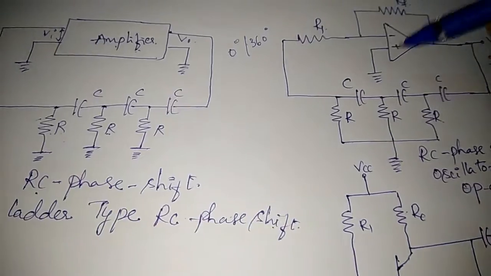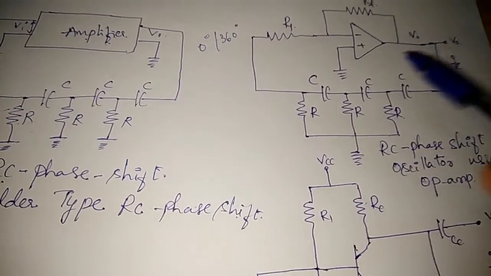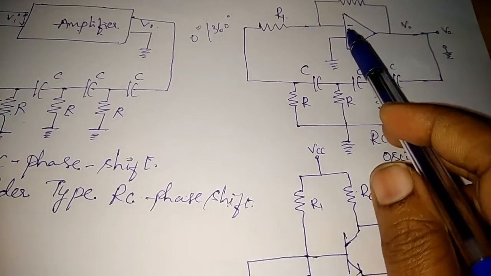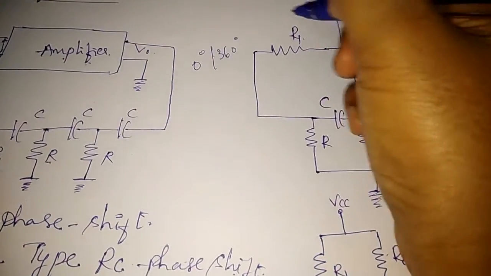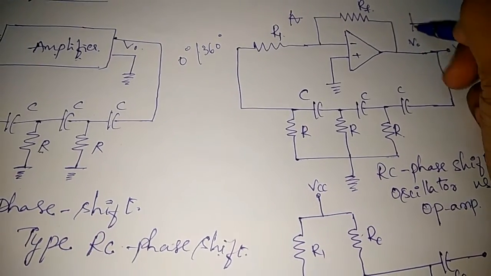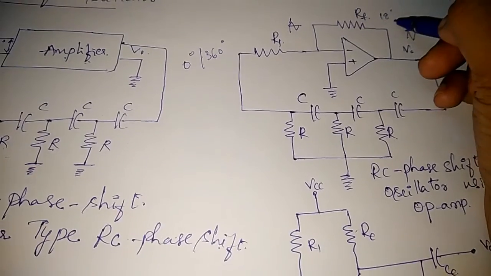The complete loop starts from the input, goes through the amplifier, again through the feedback network, and back to the input. Here the amplifier provides a phase shift of 180 degree. Okay, this is an inverting amplifier. Input you are giving to the inverting terminal, so whatever input you give here, the output will be inverted. So here a 180 degree phase shift is happening.